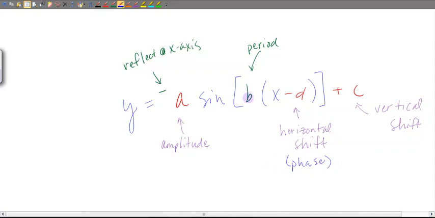We have the period of the function. Remember, this tells us how many complete pictures we have. Then, last but not least, we have the vertical shift. So these have different values and different letters as opposed to what we just looked at above, but it's the same concept as what you know originally from when you translated functions.